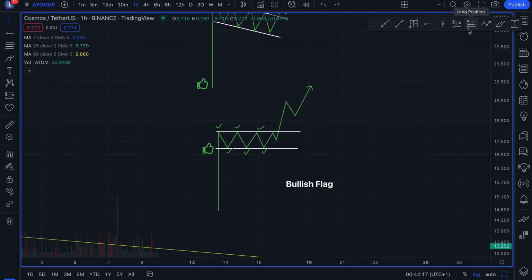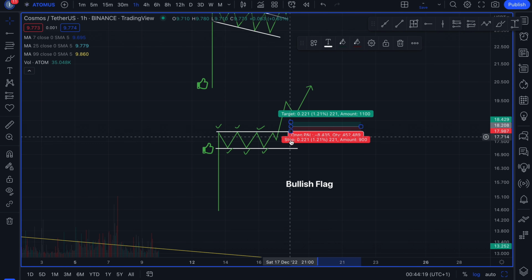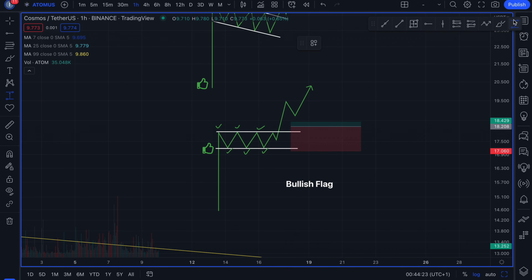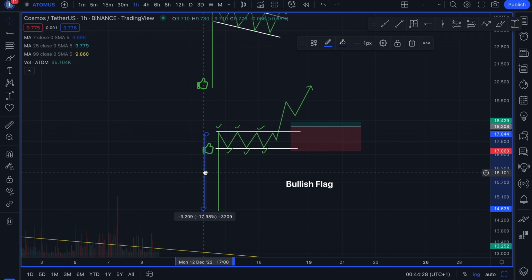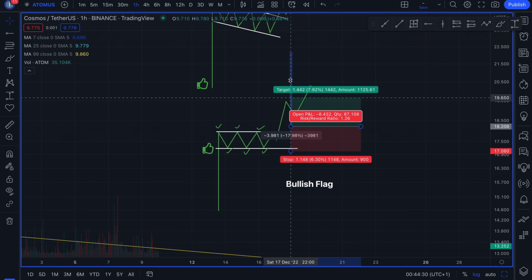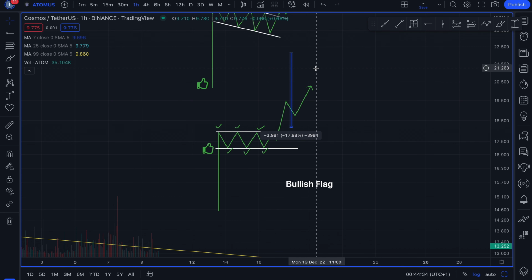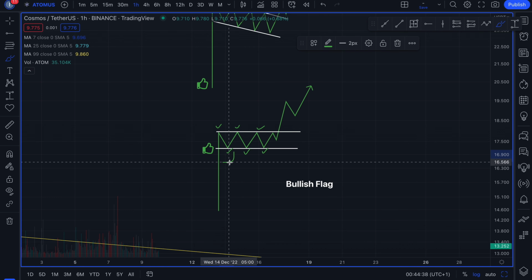Where should you put your stop losses? You put your stop losses below the opposite border and put your target price like the distance of this flagpole. So here's our target price, okay? You should pay attention to this kind of flag that has about a 19 degrees angle.